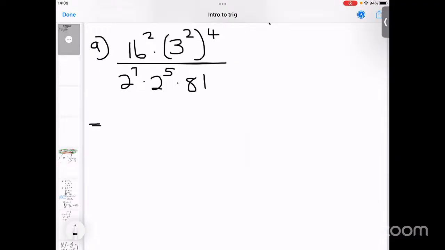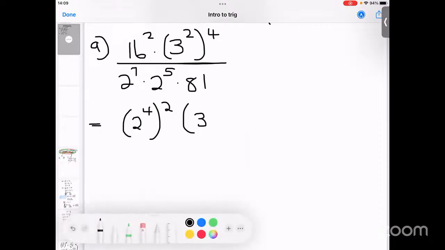So let's see. 16 can be written as, what is it? Is it 2 to the 4? Yes. This is the big base as the simplest base. So there is nothing much that you can do with the 3, but let me write it differently.